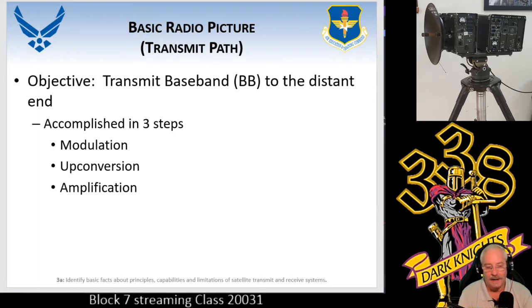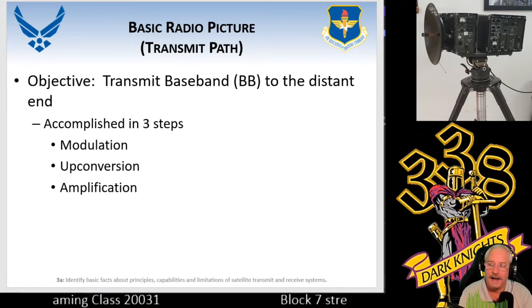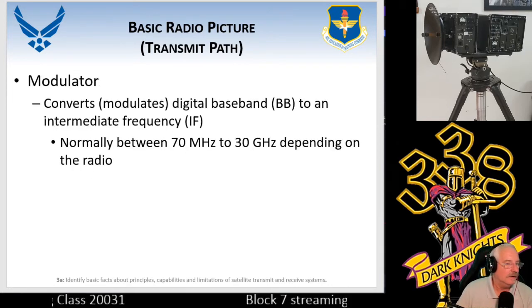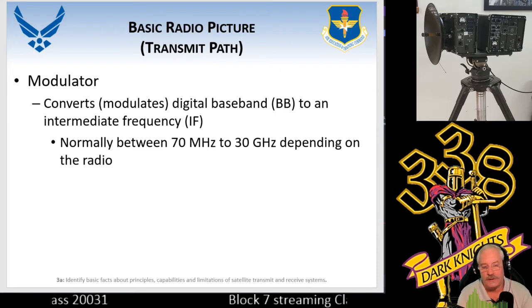When we go through the signal flow on the Jerk 239, you're going to hear me say Jerk 239 or Tisser. It's the same piece of equipment. If you look at it above my head, that's what the Tisser looks like. We have a modulator, which is going to take that baseband and modulate it into an IF.